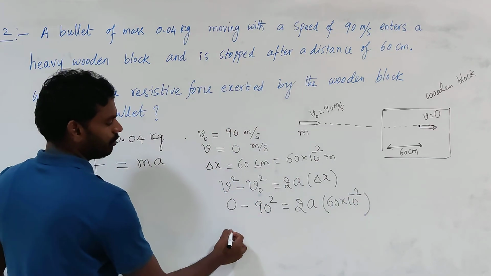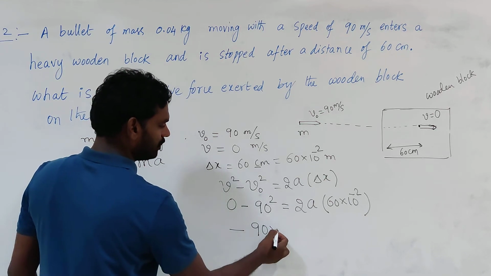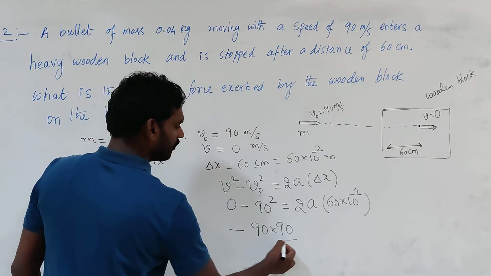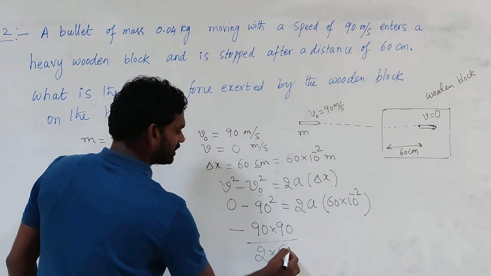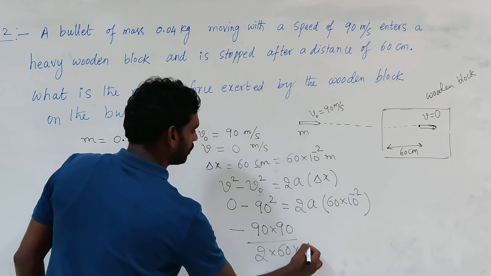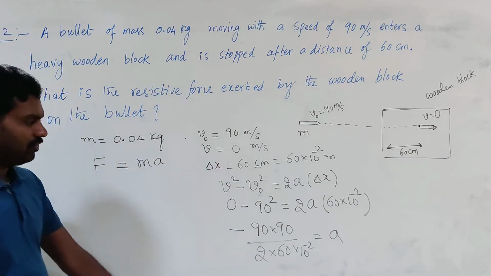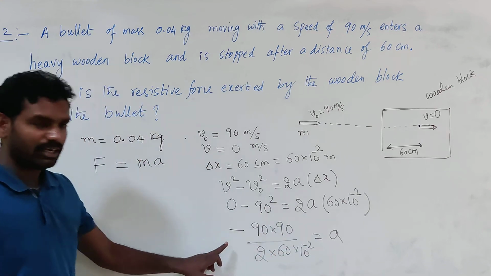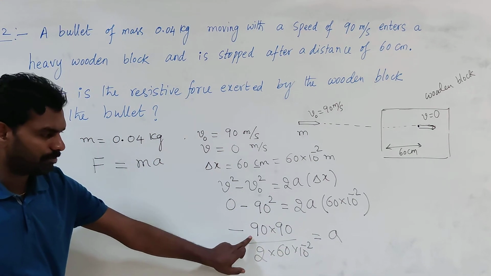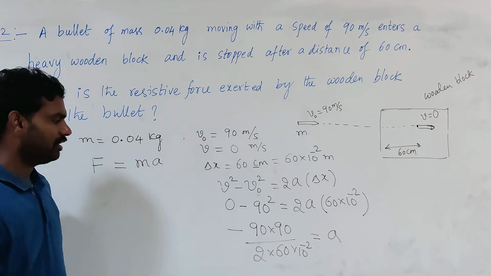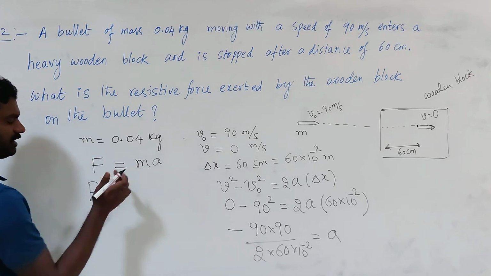So the acceleration equals minus 90 into 90 divided by 2 into 60 into 10 to the power of minus 2. From this we get the acceleration, and we substitute it back in the force equation.